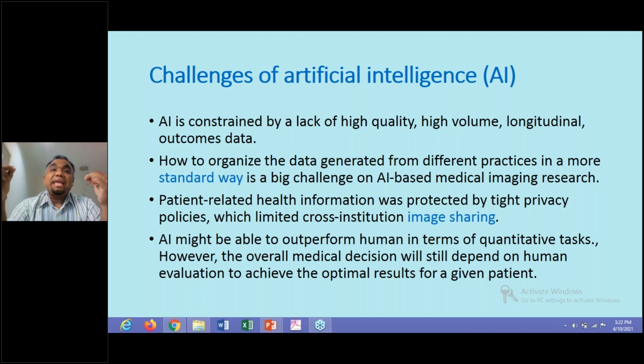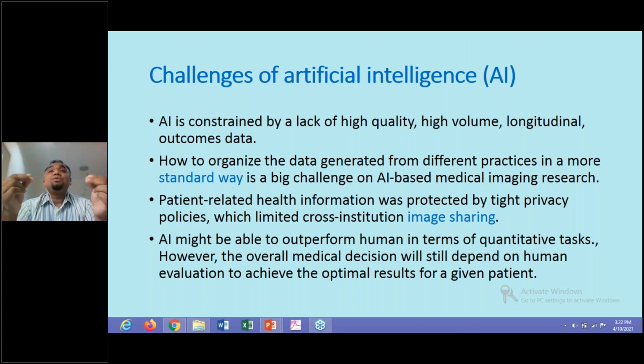That's why in Canada, when they did a survey of junior doctors on whether they were interested in pursuing radiology to become radiologists, most of them said that because of the emergence of AI, they think that at the end of the day there will be no jobs for radiologists. So we need to have correct information about what AI actually is.